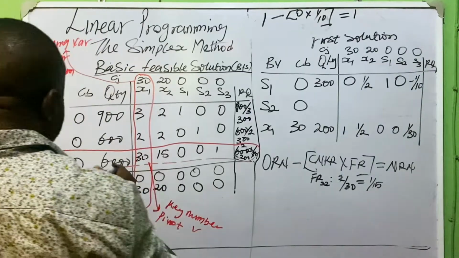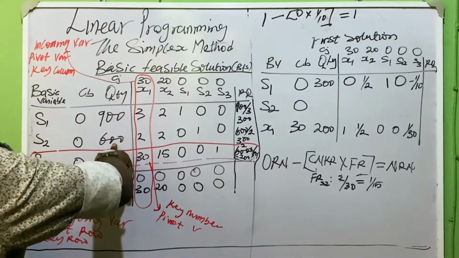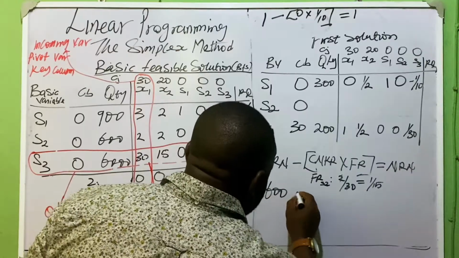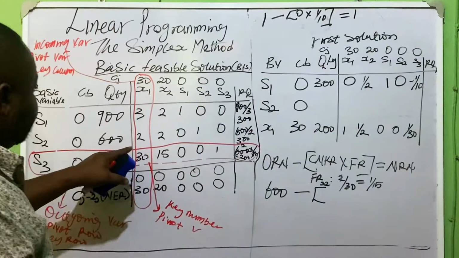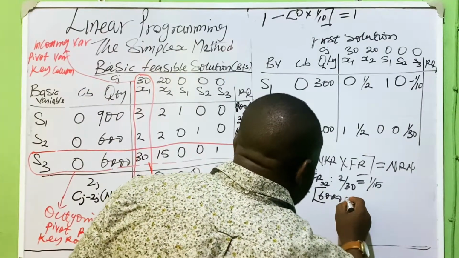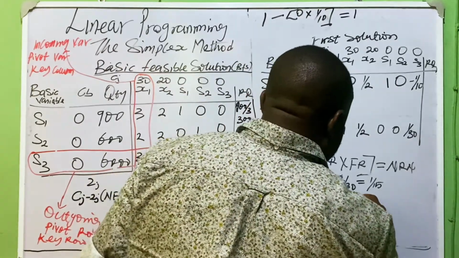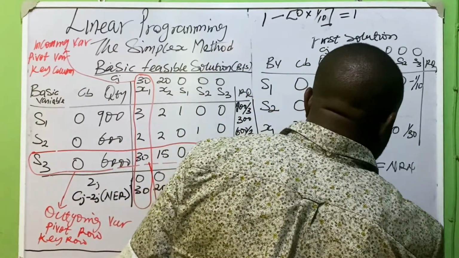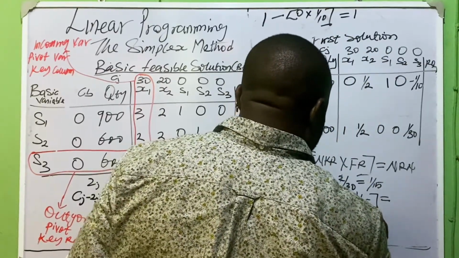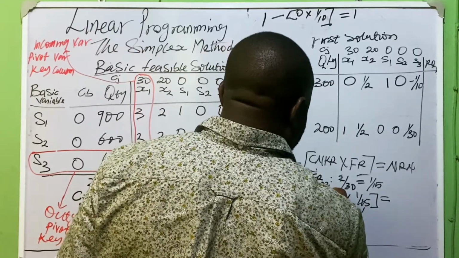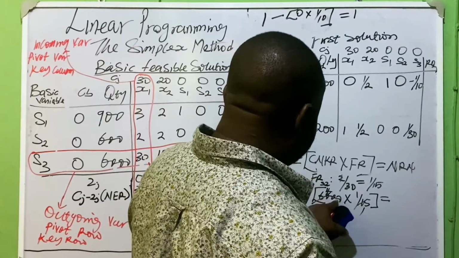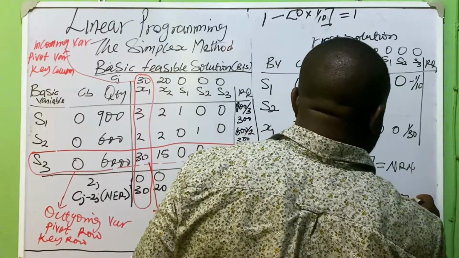So start by transforming this quantity 600. 600 minus the corresponding value to 600, which is 6,000, multiplied by 1 over 15. 15 goes into 6,000 four hundred times, so we have 600 minus 400, which gives me 200.